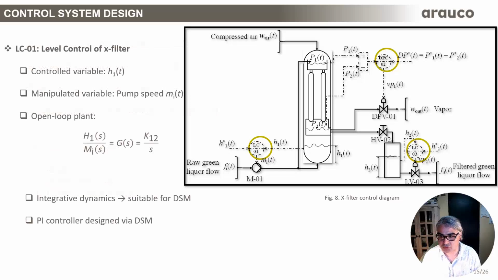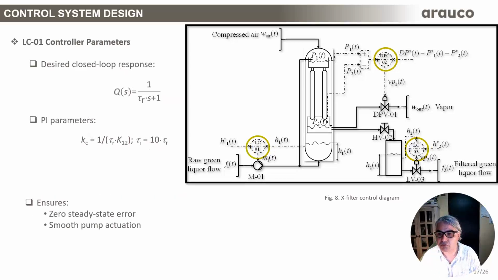The first loop controls the liquid level inside the X-filter. The identified plant exhibits pure integrating behavior, which is common in level systems. Given this structure, the direct synthesis method was selected to provide a straightforward and robust way to design PI controllers with predictable closed-loop dynamics.